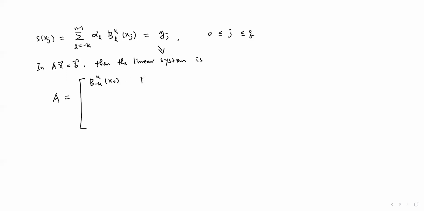The first row corresponds to the first equation, with j being 0.